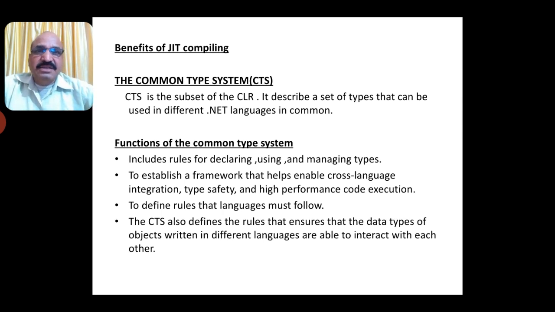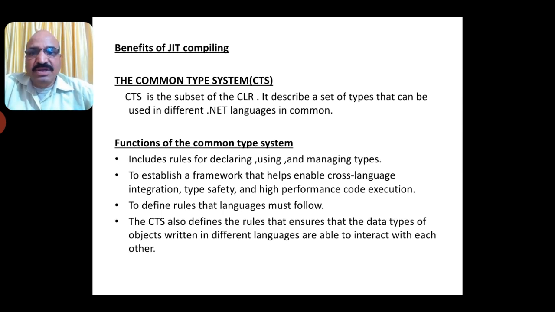Now let us discuss the functions of the common type system. It includes rules for declaring, using and managing types, meaning data types. CTS establishes a framework that helps enable cross language integration, type safety and high performance code execution.